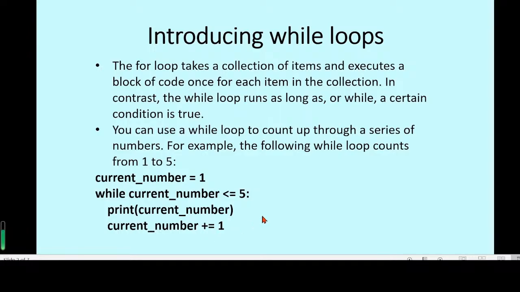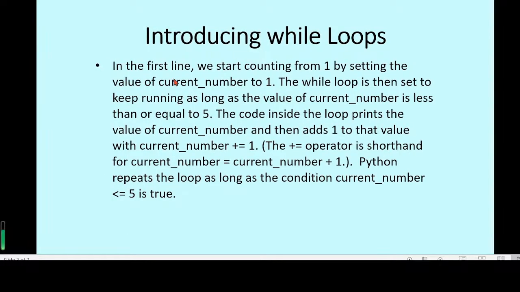Until current number is not less than or equal to 5, then the while loop stops. So in the first line, we start counting from 1 by setting the value of current number to 1, and the while loop is then set to keep running as long as the value of current number is less than or equal to 5. The code inside the loop prints the value of current number and then adds 1 to that value with current number += 1. And this operator is shorthand for current number = current number + 1.